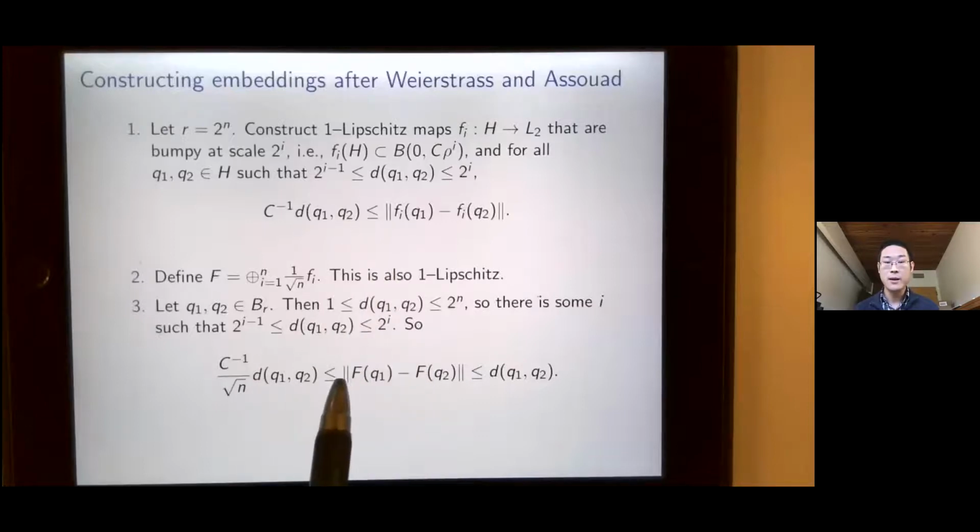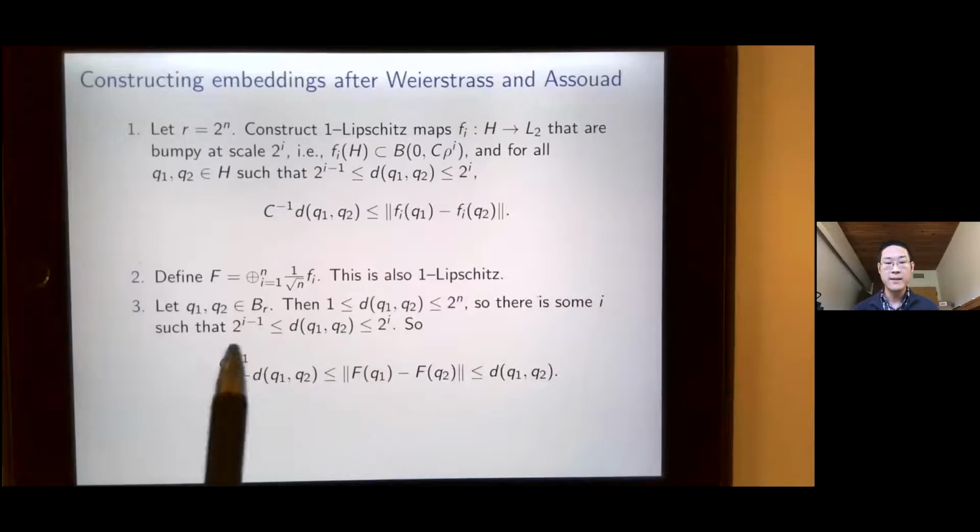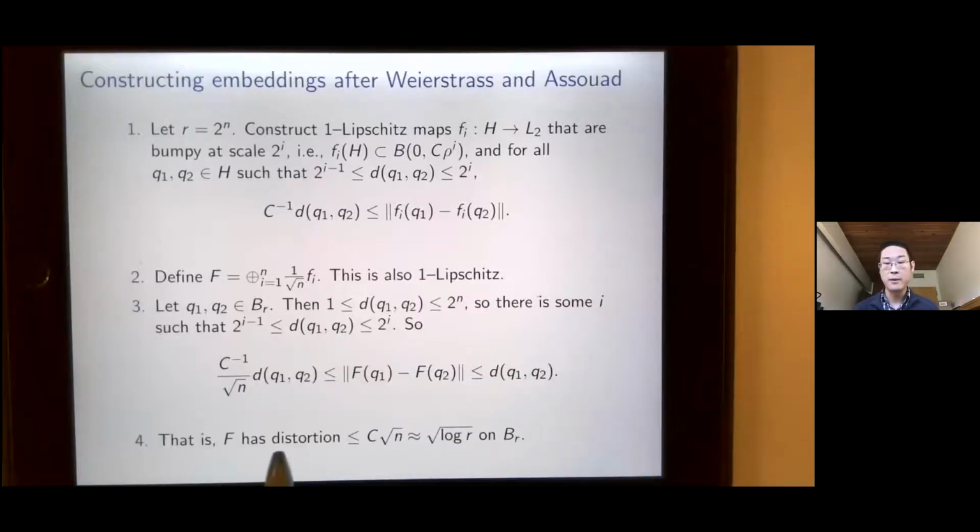And since big F contains that f sub i, albeit scaled by root n, big F separates Q1 and Q2 by at least C inverse over root n times the distance between Q1 and Q2. And at most, because of the Lipschitz bound, the distance between Q1 and Q2. And that means that F has distortion at most C root n, which is, say, distortion at most root log r on the ball of radius r.